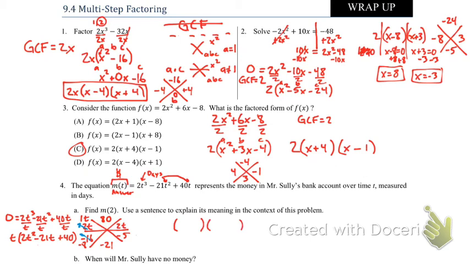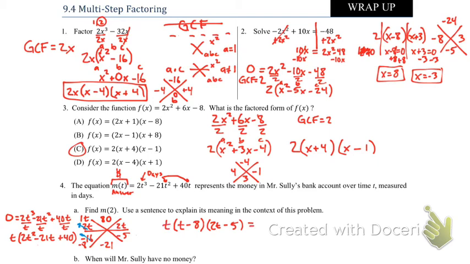That gives me t minus 8 in one of them, and 2t minus 5 in the other. And then I'm going to put my GCF, which was t, in front.